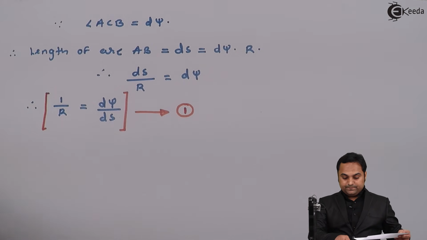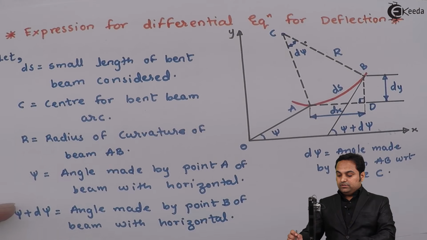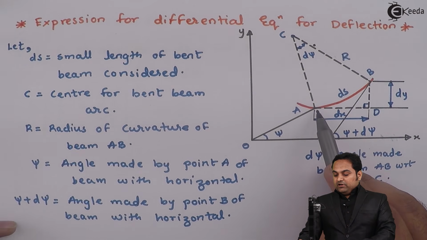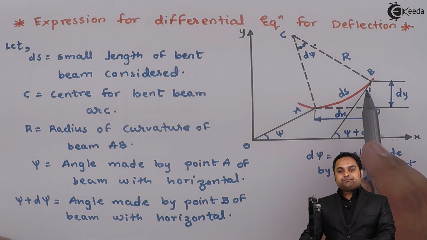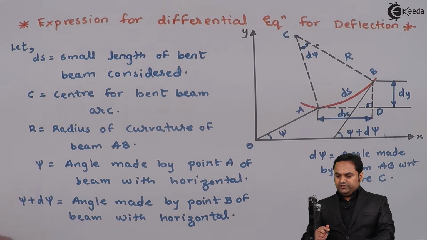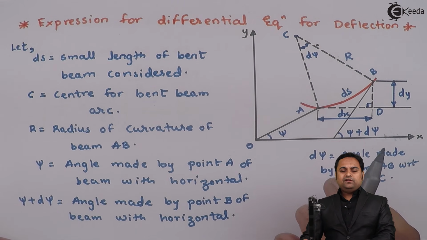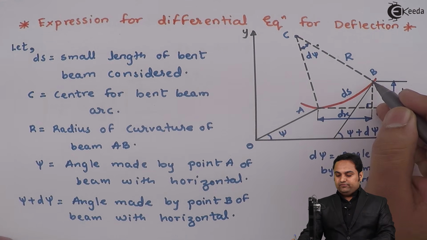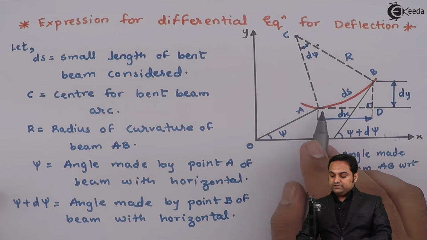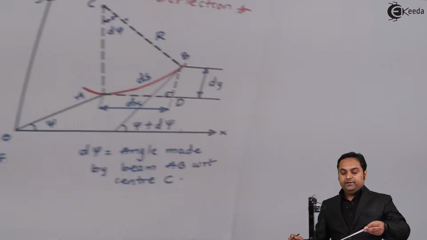Now after this, since the length of arc which we are considering has a very small length ds, this can almost be considered as a straight line instead of an arc. So I'll consider this right angle triangle ADB.